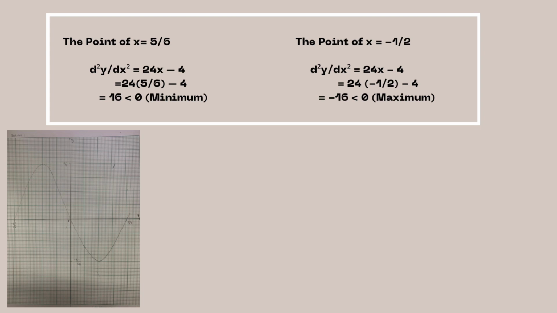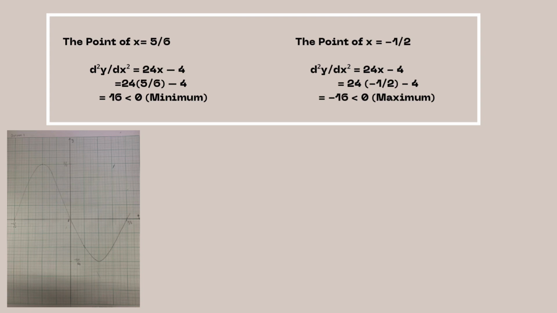We get 24 in bracket 5 per 6 minus 4, which is 16. 16 is bigger than 0, so it is a minimum point.